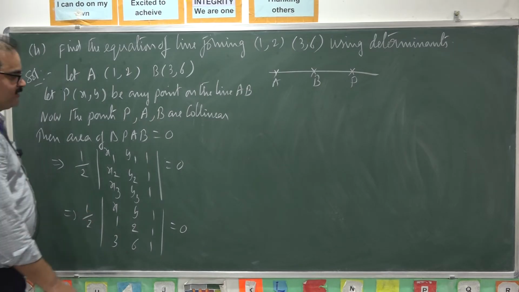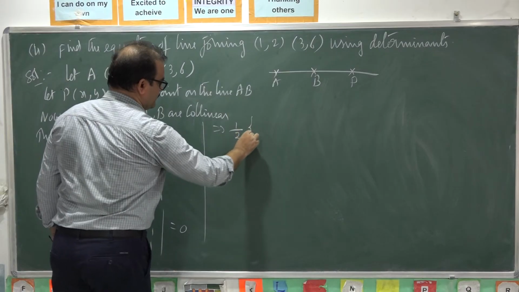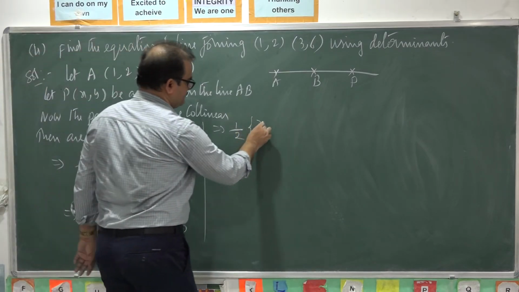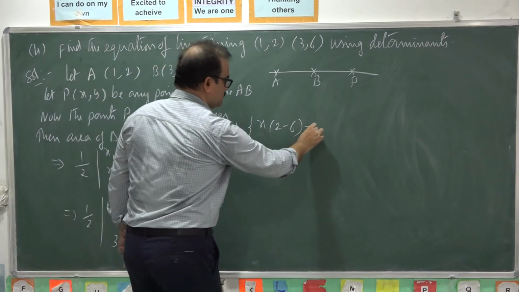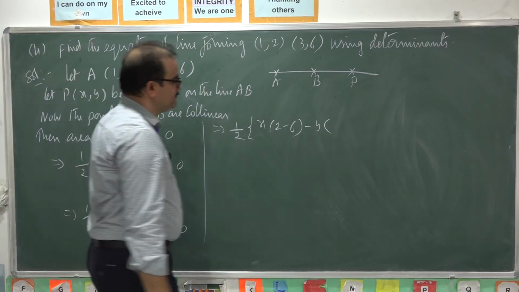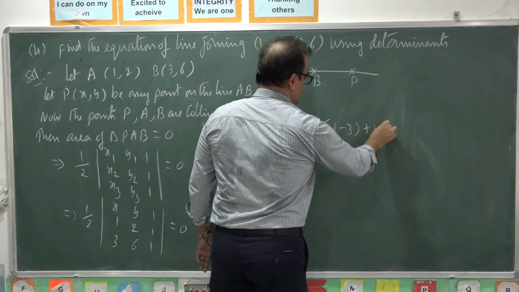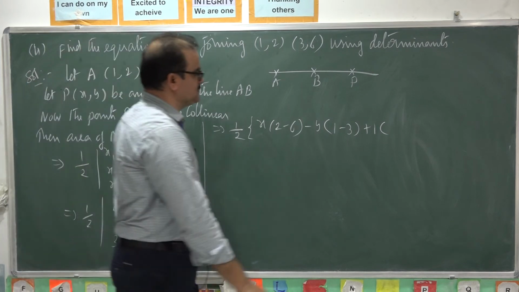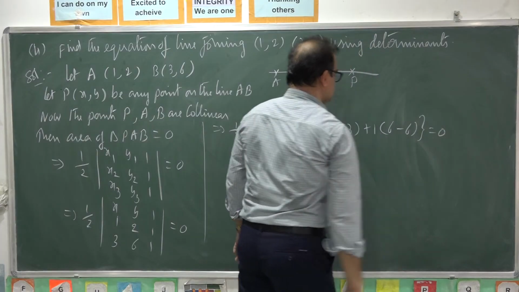Now we expand the determinant. 1/2 into x into (2 minus 6) minus y into (1 minus 3) plus 1 into (6 minus 6) is equal to 0.